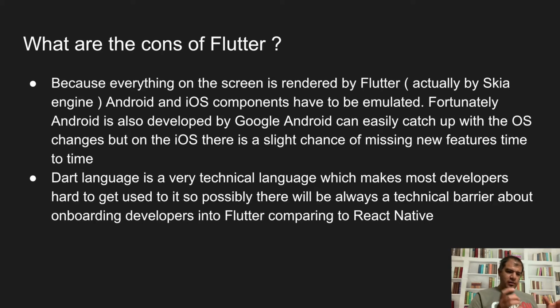So there can be a time frame where Flutter needs to catch up, because it is emulating the components on the screen for iOS. Of course, for Android also, but because Google is developing for Android, they know what will change from Google.